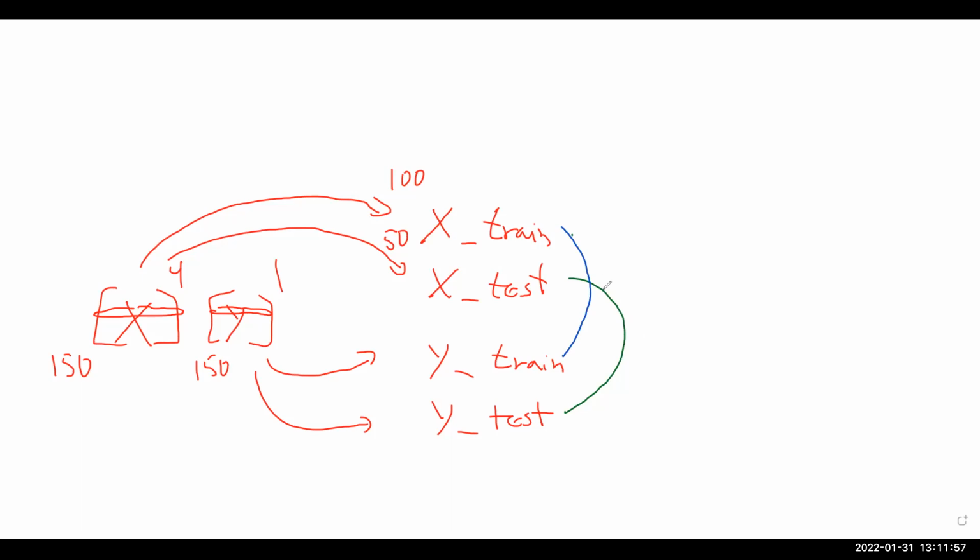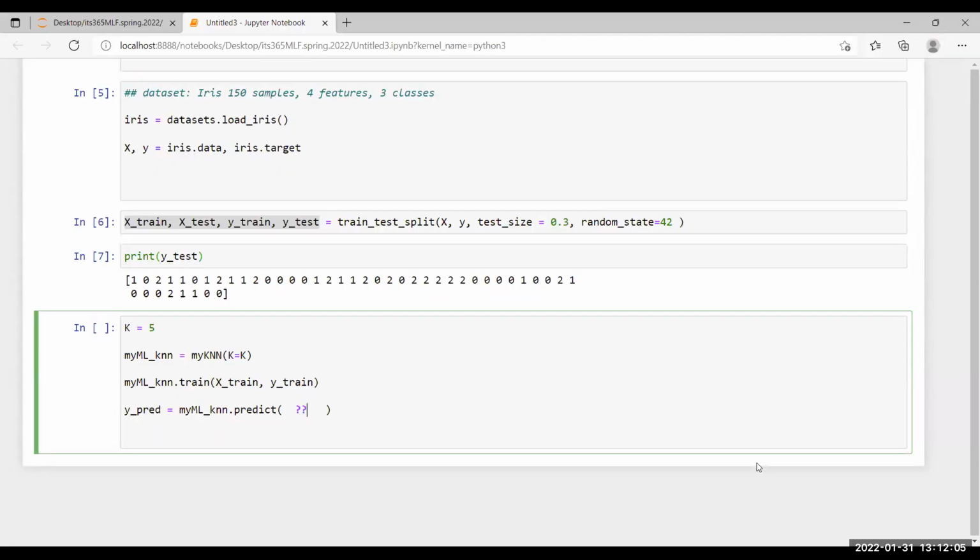So if we go back to our code over here, you can see I took X train and Y train. I'm going to train. And then given that the model's already trained, now I'm going to predict on X test, and that's going to give me Y pred.